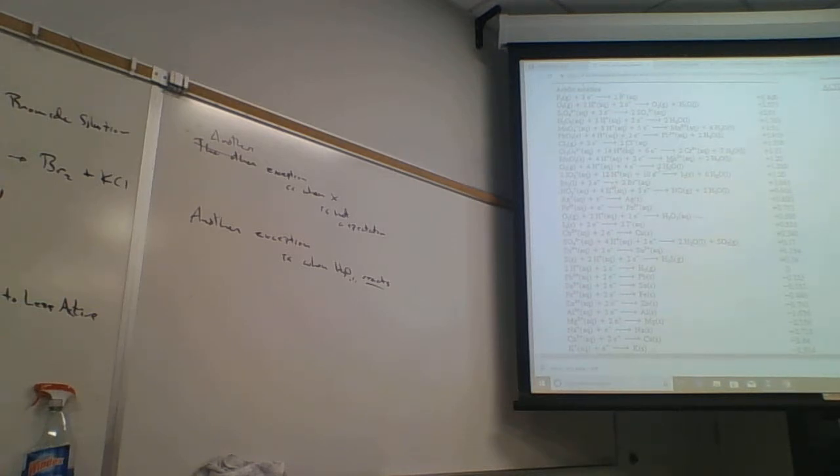You don't have to worry about any exceptions as long as we're very careful about what we give you as far as problems go. If I were to never test you on any of the exceptions, then you don't have to memorize any exceptions, right? So as long as you know there are exceptions, then you're okay.